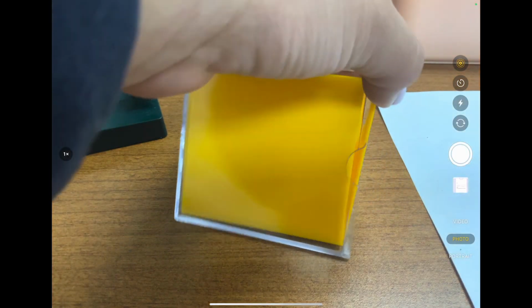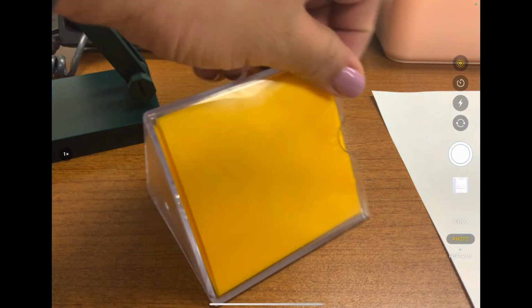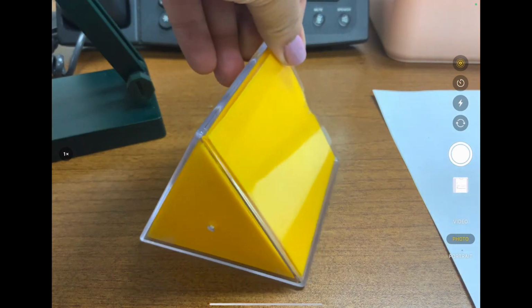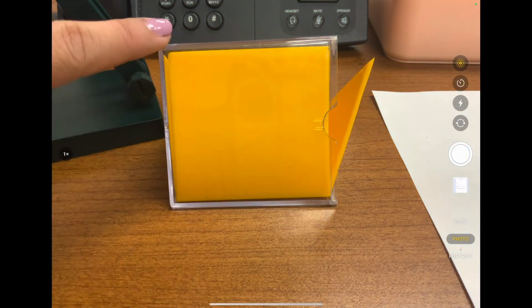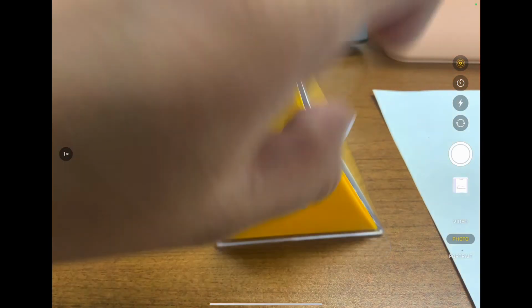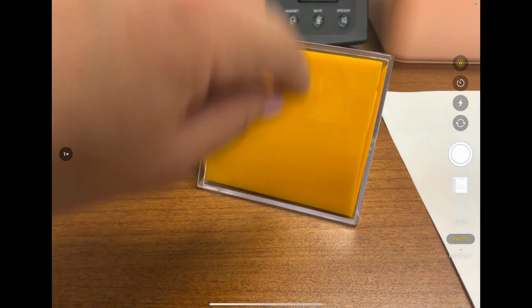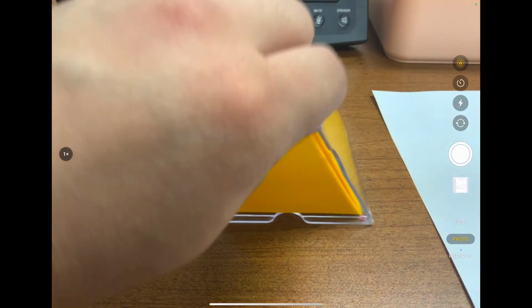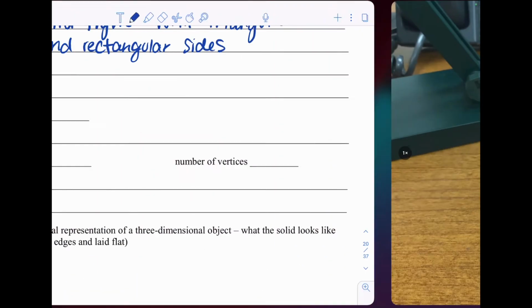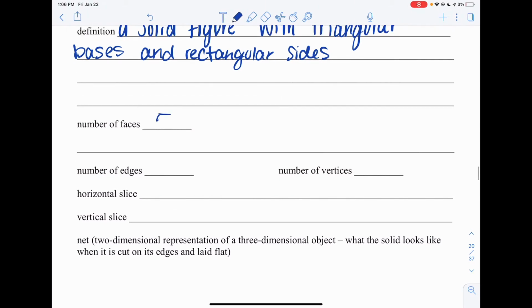As you can see, I have rectangles, I have triangles. So these are my faces that I have. Now, if I'm counting the flat surfaces, I have 1, 2, 3, and then 4, and then the bottom, which is 5. So the number of faces that I have is 5 faces.